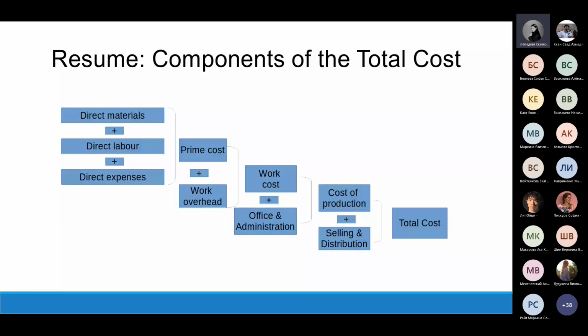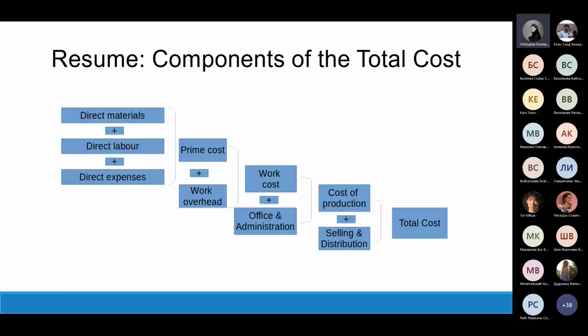If we add work overhead or factory overhead to the prime cost, we can obtain work cost or production cost. If we add to this volume office and administration expenses, we can calculate cost of production. If we add the selling and distribution expenses, we can calculate the total cost.